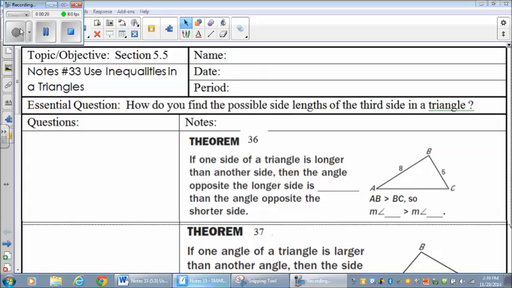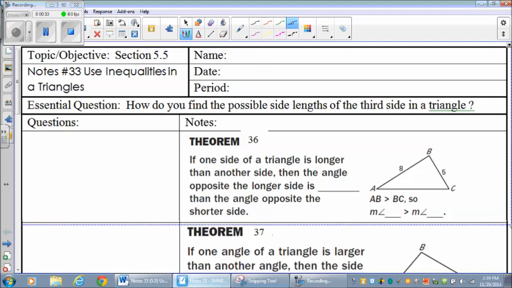It says if one side of a triangle is longer than the other side, then the angle opposite the longer side is bigger than the angle opposite the shorter side. So in the blank, put bigger. Actually, I think the official word would be greater than.